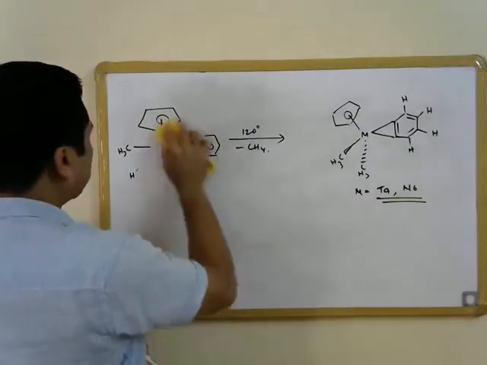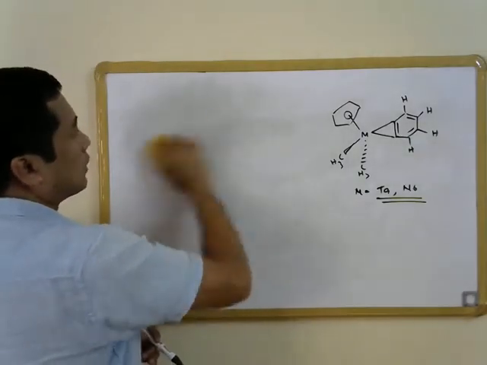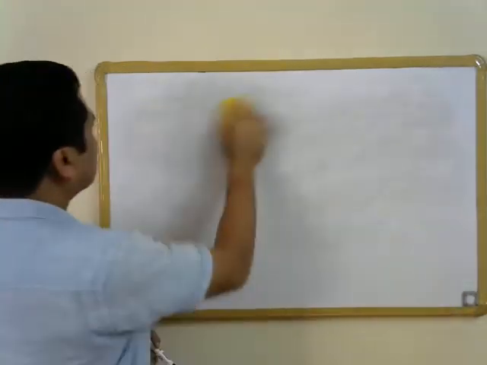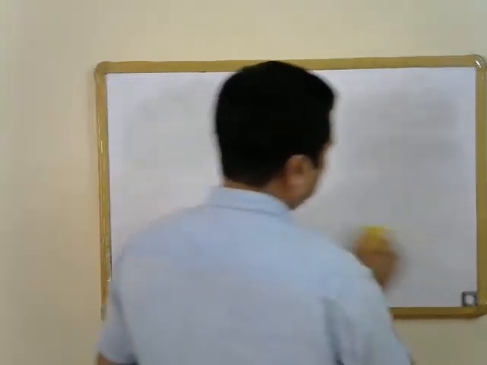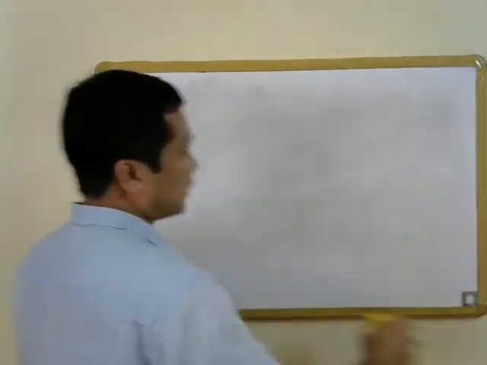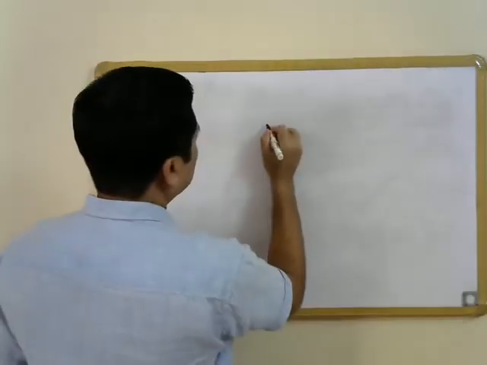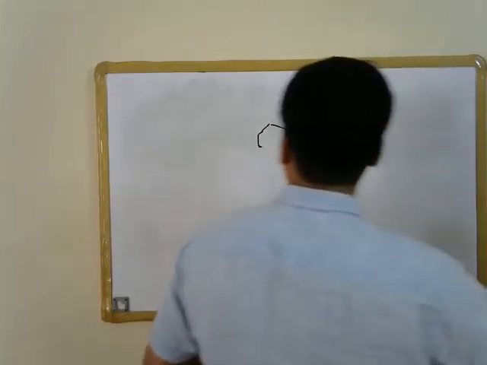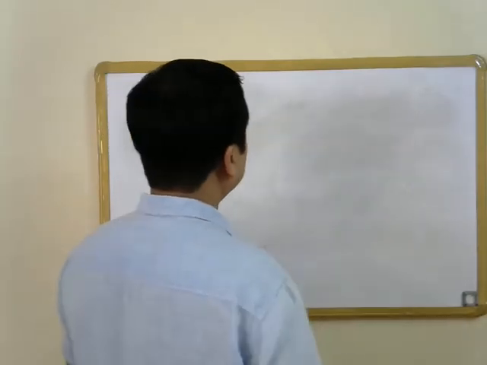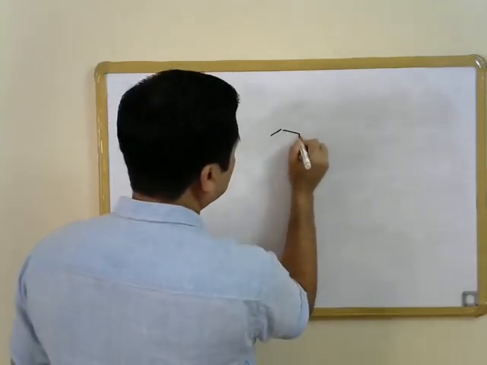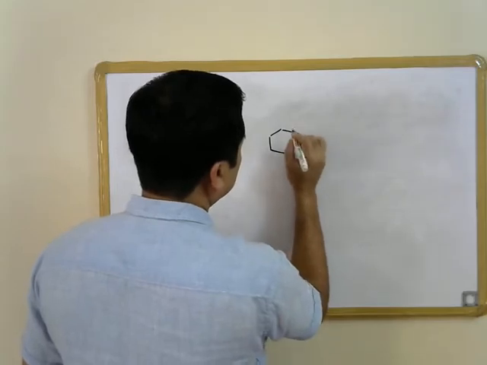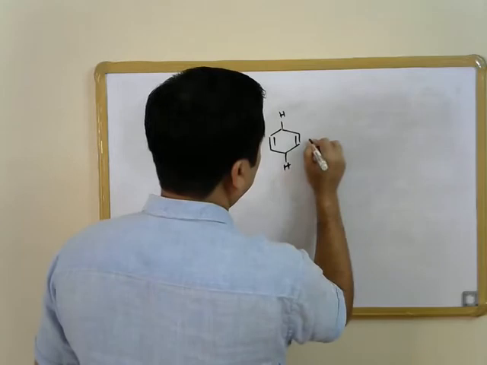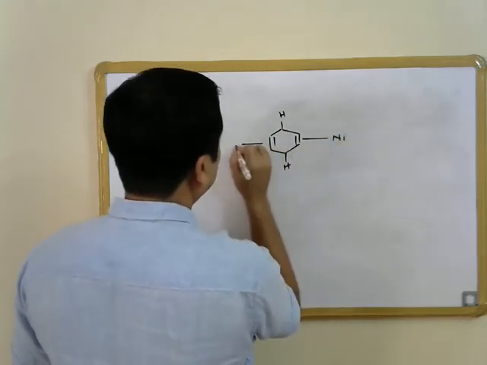So benzyne complexes have also been isolated, which are again highly unstable. Benzyne itself is highly unstable, but when complexed with nickel 0, it allows formation of stable benzyne complexes. That is C6H4 is the formula of the ligand here.